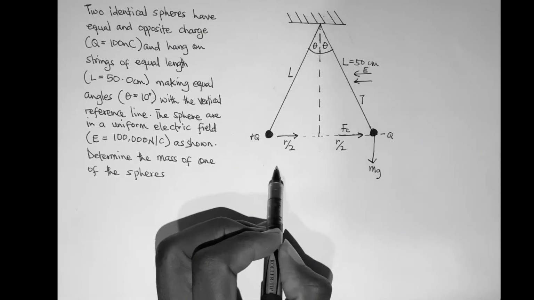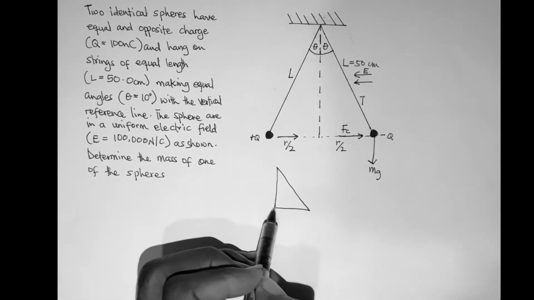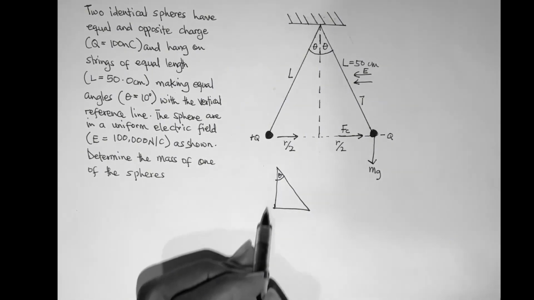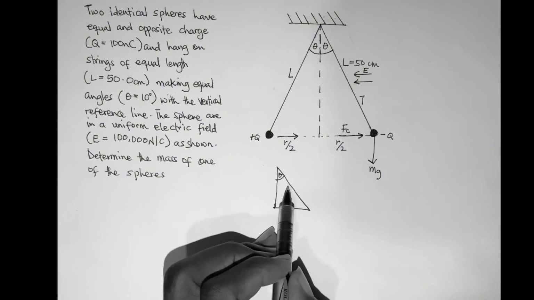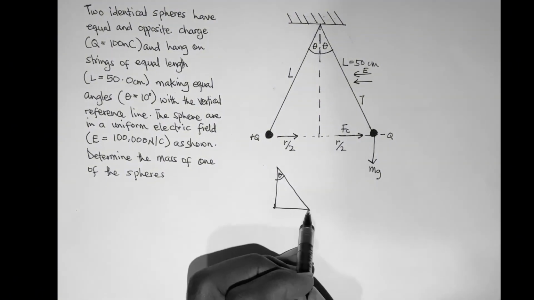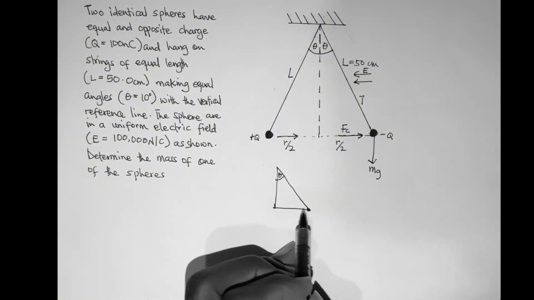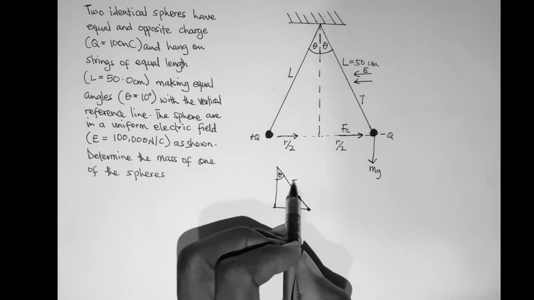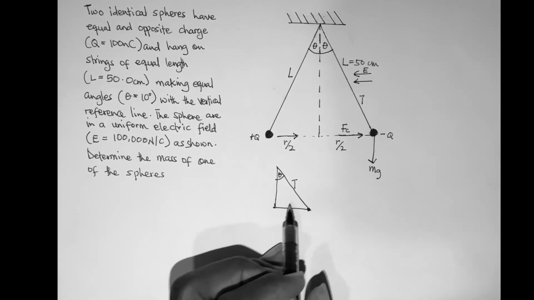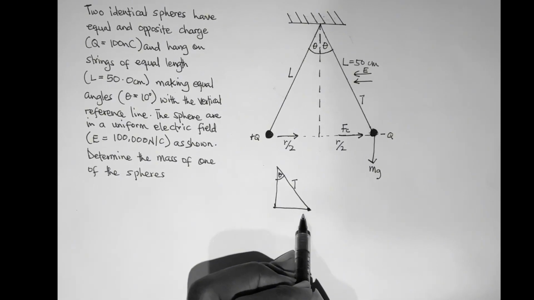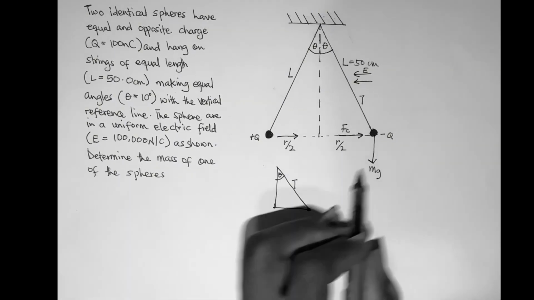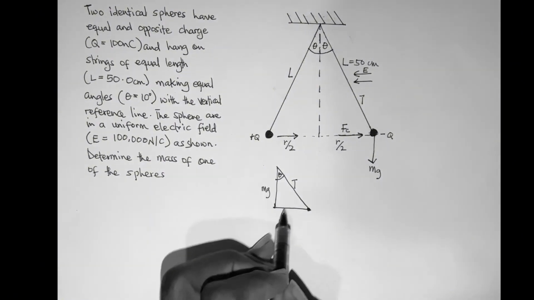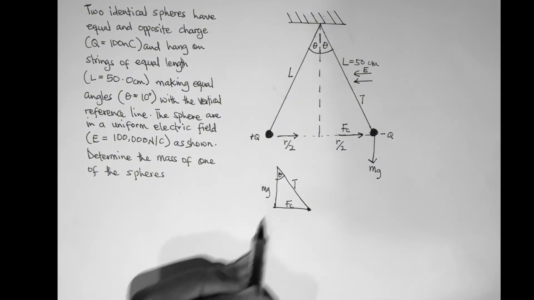Drawing that part of the triangle out, here is theta, which is given as 10 degrees. This is the charge, minus Q. The tensional force is here, and the weight, mg, acts downwards. And the Coulomb force, Fc, is here.